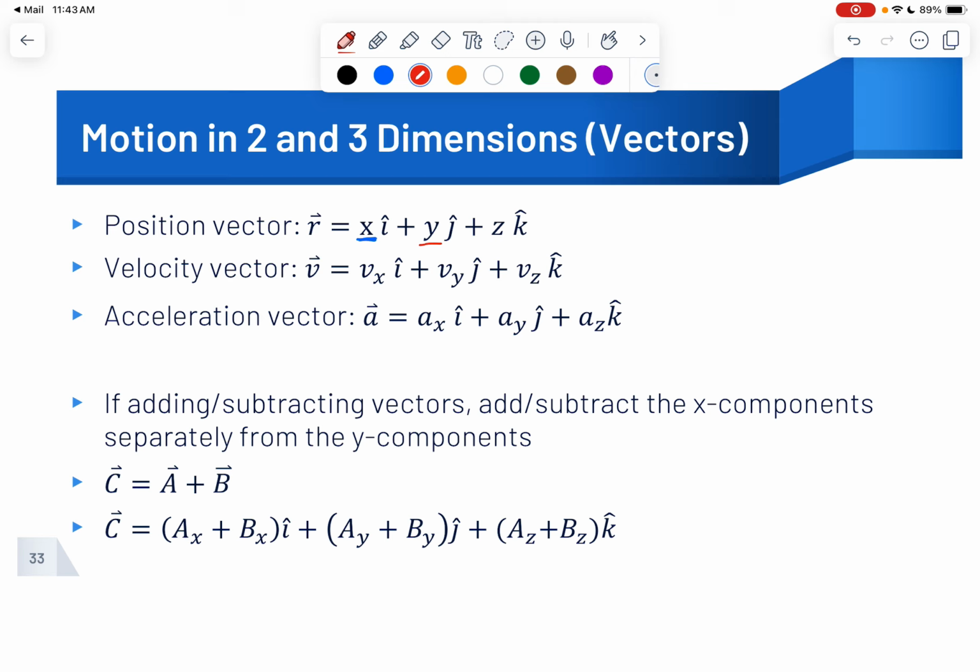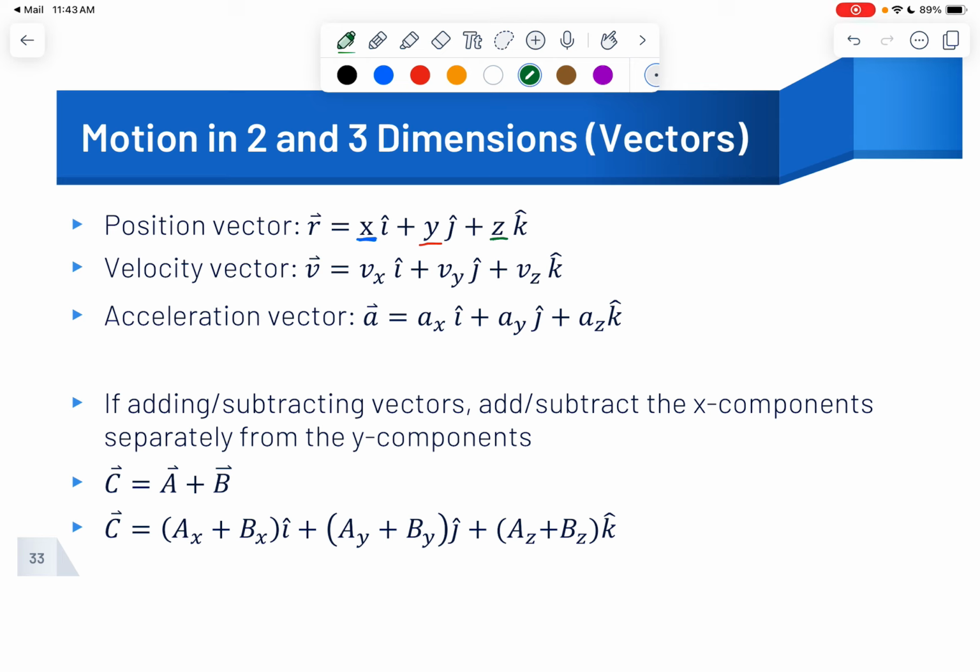They might have some value for how far we've gone or where we're located in the y direction. Again, that's going to be our j hat. And then lastly, wherever our location is in the z axis, that number followed by k hat. We can do the same thing splitting up our velocity and accelerations. What's the x component of velocity, y component, z component? Same thing repeated for our accelerations.